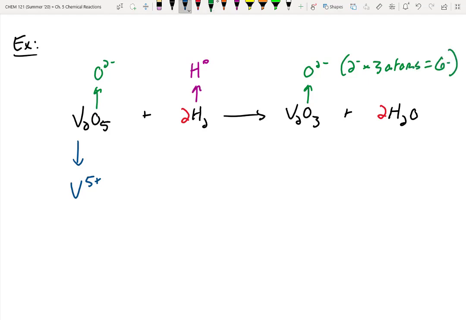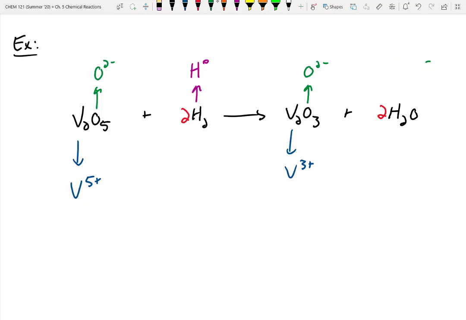And then that means when we're looking at vanadium here, it needs to cancel out the 6 negative, which means it must be 3 positive, right? Because 3 positive times 2 atoms equals 6 positive. And we need to ensure that these values cancel out. So I'll go ahead and erase all of this.